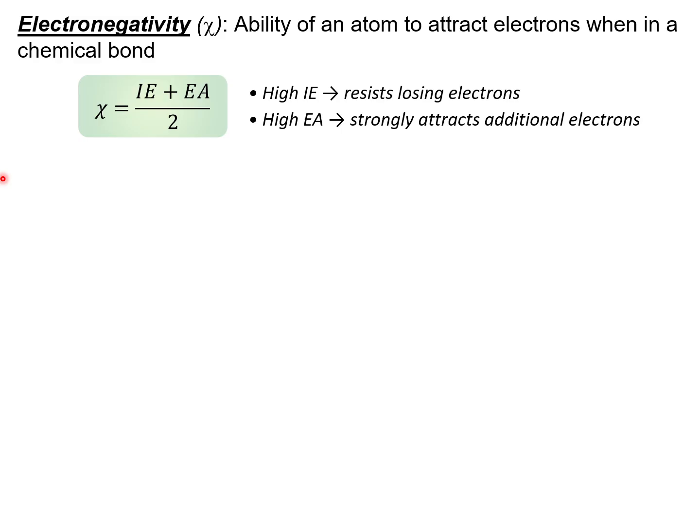Typically, people don't calculate it, but if you really wanted to, chi is equal to ionization energy plus electron affinity divided by 2. If you have a high ionization energy, it does not want to lose electrons, it wants to keep them. Likewise, high electron affinity, it wants to keep them. So we're adding to the factors that want to keep those electrons near that nucleus.